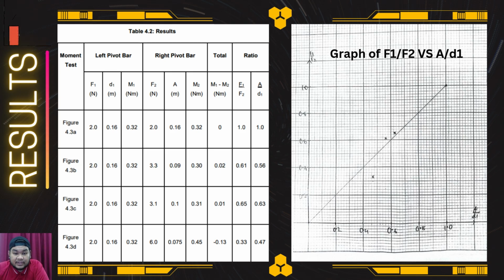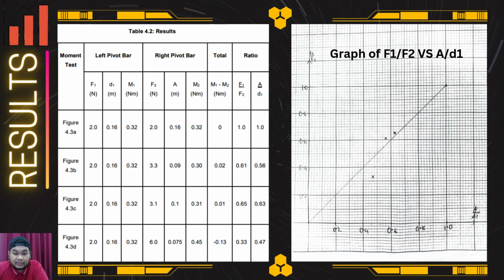The ratio F1 over F2 will be 1, and the ratio A over D1 will be 1. For figure 4.3b, the force is 3.3 newtons, the distance of A is 0.09 meters, and the moment is 0.3 newton meters.